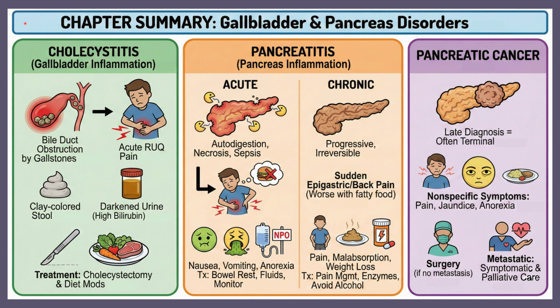Conclusion: the chapter summary, gallbladder and pancreas disorders. This comprehensive understanding of biliary system disorders encompassing cholecystitis, acute pancreatitis, chronic pancreatitis, and pancreatic cancer is fundamental for safe and effective nursing practice.